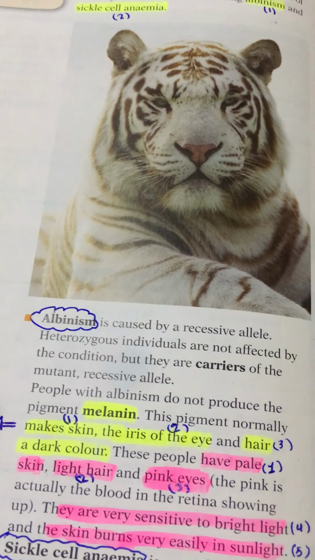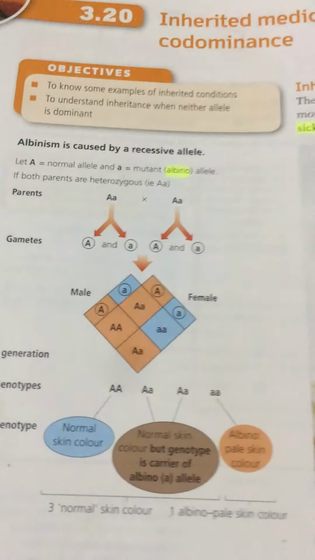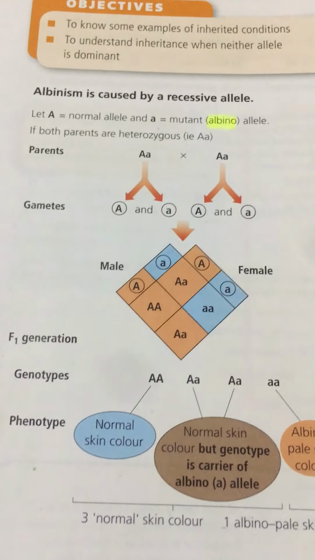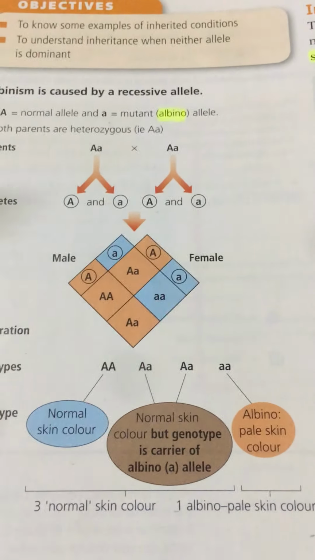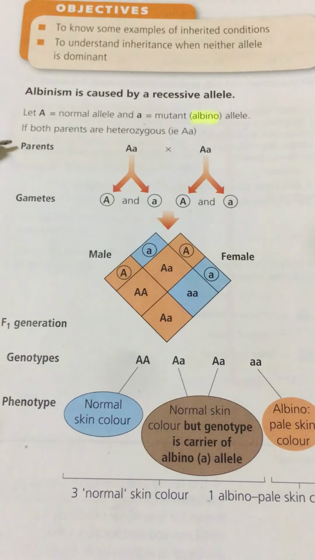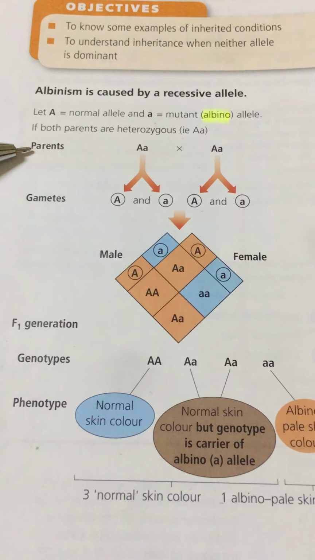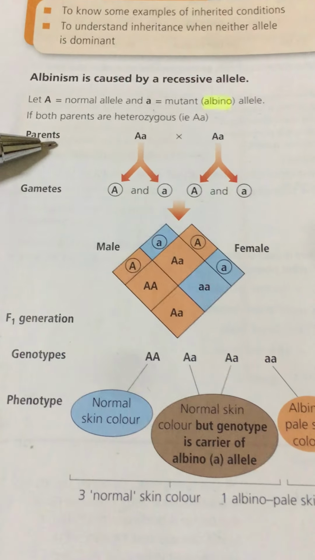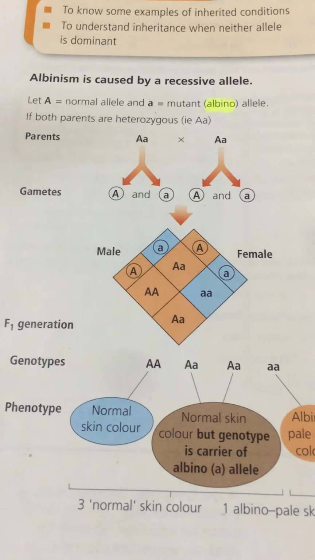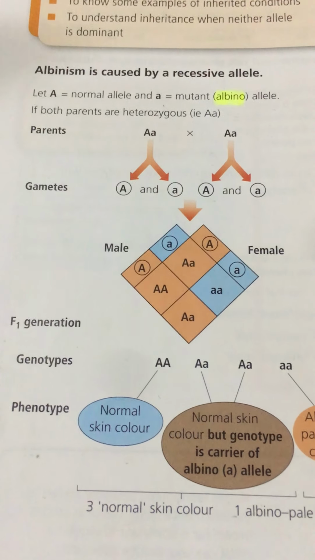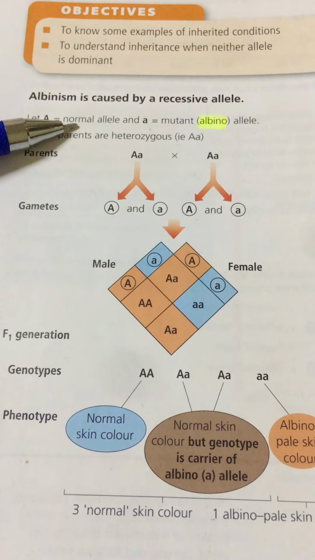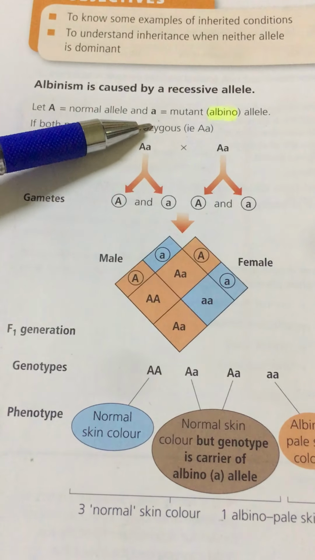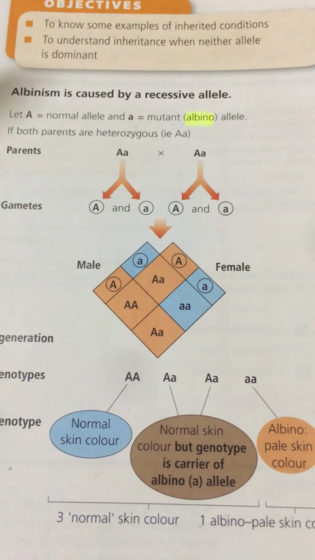Now let's study the patterns of inheritance for albinism. Here we have parents who have two heterozygous alleles. You have to know that A capital is the normal allele and A small is the mutant albino allele.